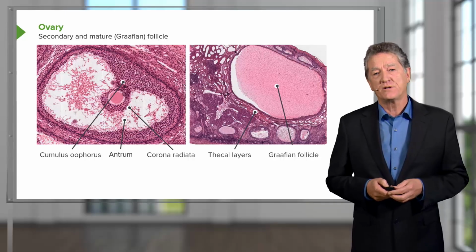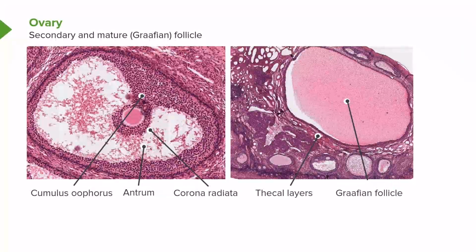Again, you can see the thecal layers here. They're becoming more engorged with blood, which also assists the ovulatory process. At the time of ovulation, these thecal layers, the theca interna anyway, are going to penetrate into the ruptured follicle. Up until now, follicular cells do not have a direct blood supply.